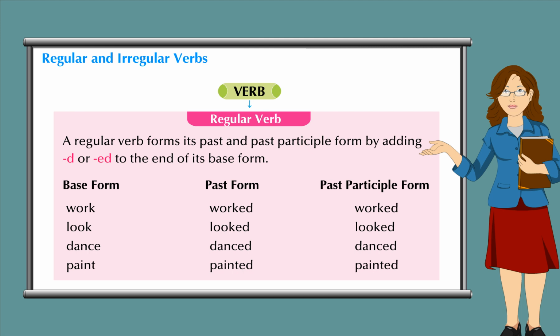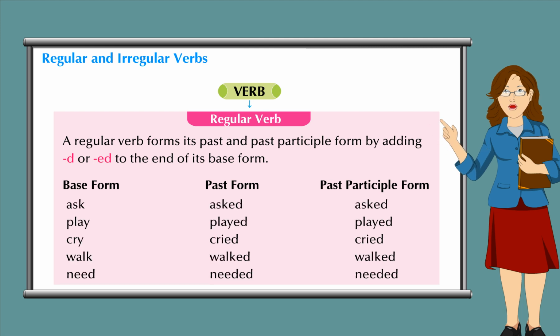Base form, past, past participle form: work, worked, worked. Look, looked, looked. Dance, danced, danced. Paint, painted, painted.